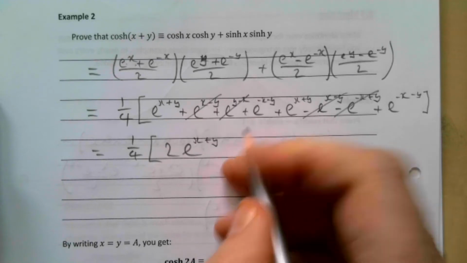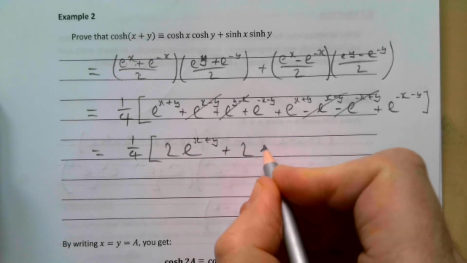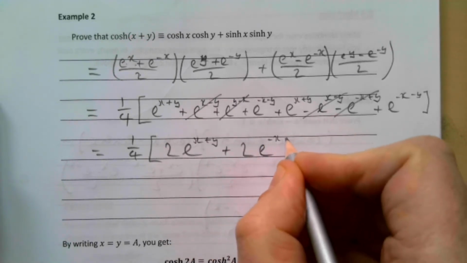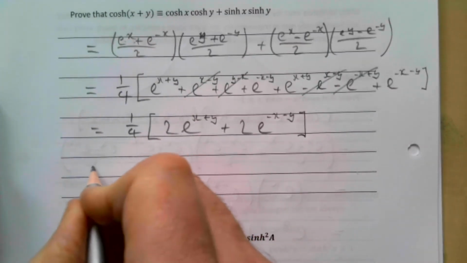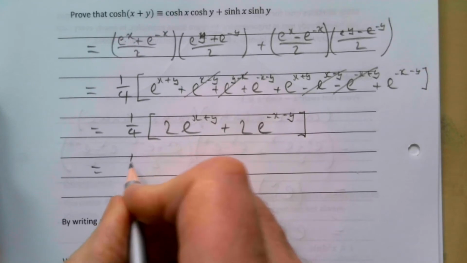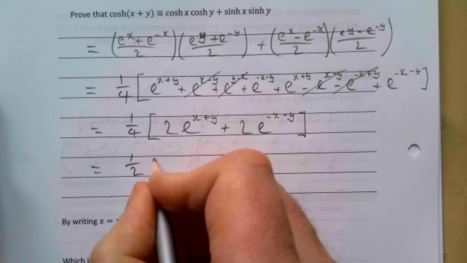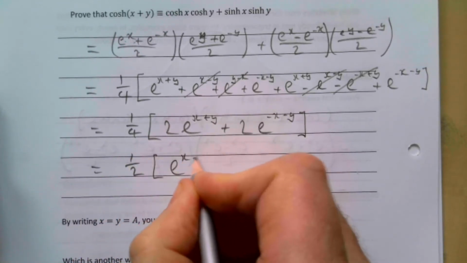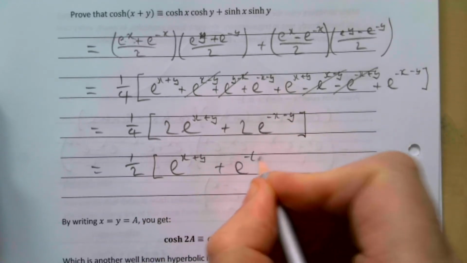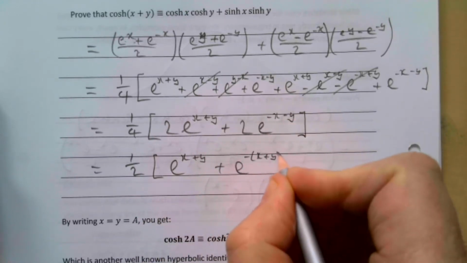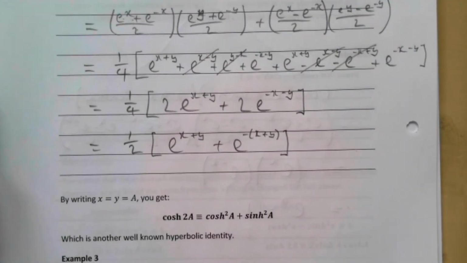And those are both pluses as well, then plus 2e to the minus x minus y. The fact that there's a 2 there and a quarter outside, we can go for half e to the x plus y plus e to the minus x plus y, and hope you can see that we're pretty much there.